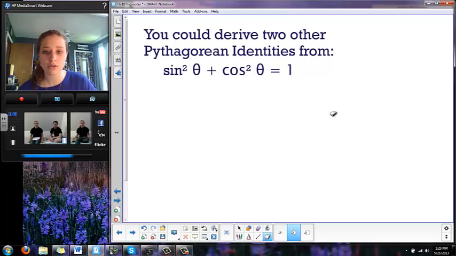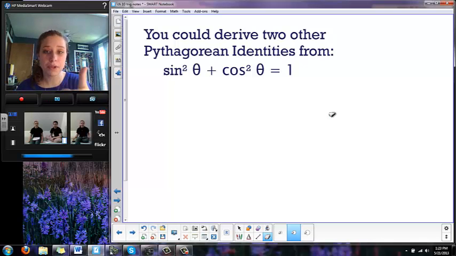You could also derive two other Pythagorean identities from this equation. Okay, so let's just review really quick what we have. We have the reciprocal identities, so that's cosecant is 1 over sine, secant is 1 over cosine, cotangent is 1 over tangent. We have the quotient identities, which is tangent is equal to sine over cosine, cotangent is cosine over sine.